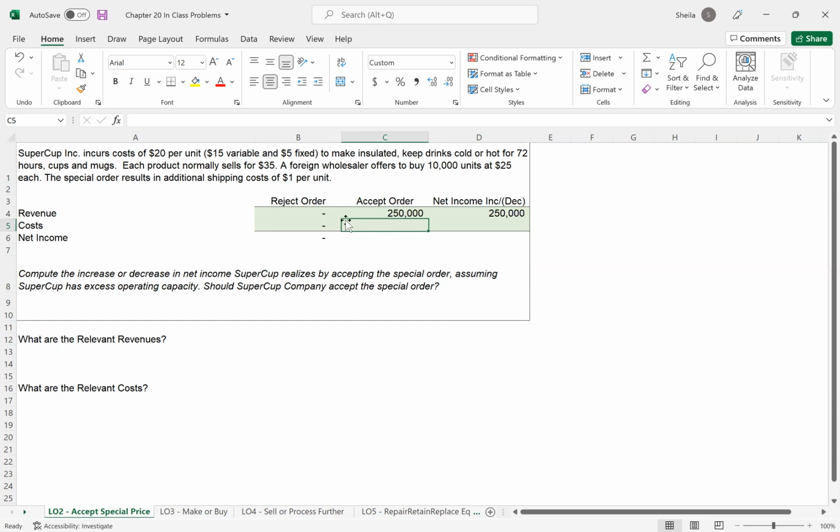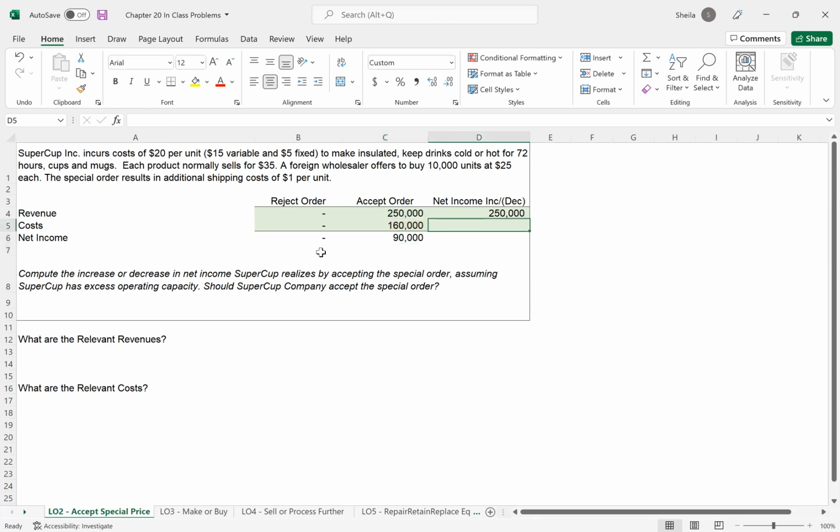Now let's look at cost. For our cost, we only want to focus on the variable cost. We're not focusing on fixed cost. The costs are $15 variable, but we're going to have additional shipping charges of $1 if we take on this customer. So we want to make sure that we account for the $15 of variable cost plus the extra $1 of shipping per unit, and take that times the 10,000 units. And those are costs. So that means our net income for accepting this order would be 90,000.